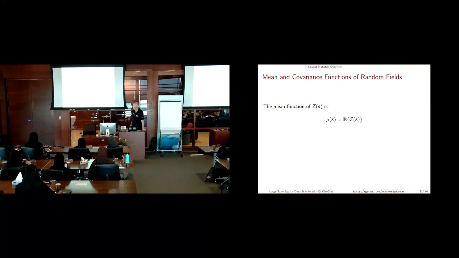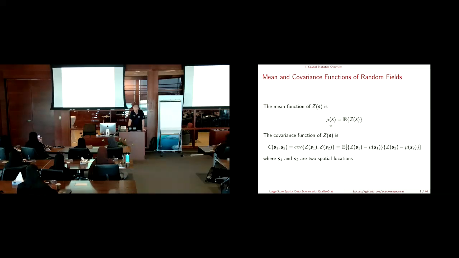The mean function is just the expectation of the process Z at location S, so it's a function of the location S. We call it mu of S. And the covariance function is the covariance between Z at a location S1 and Z at another location S2. So you pick two locations, S1, S2.